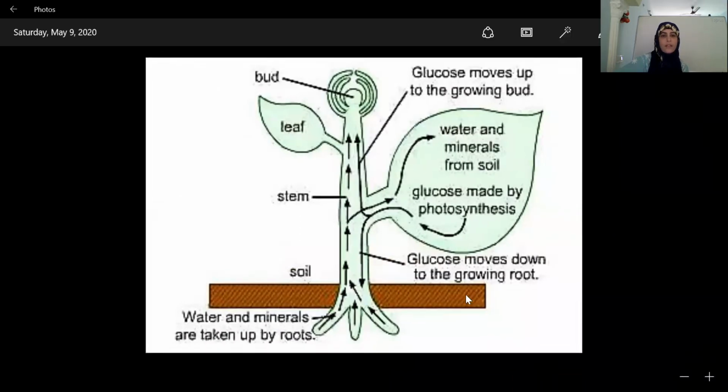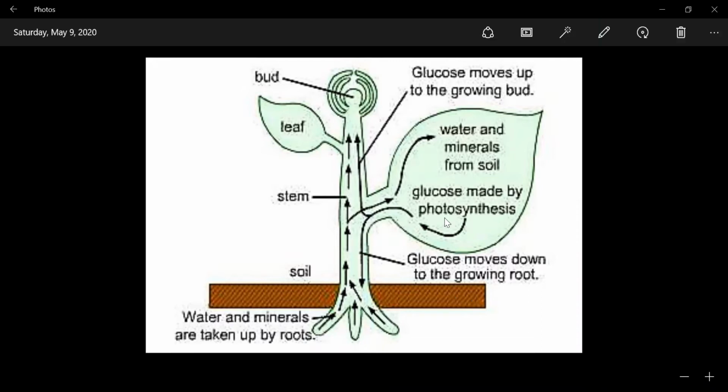Can you see this is the root, this is the part of the soil where you are going to water the plant. The water will enter here, from here down to the soil, and it will touch the roots. Got it?